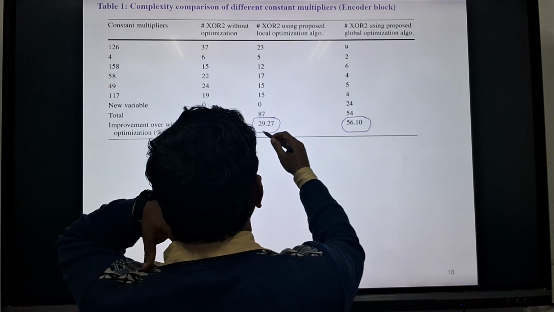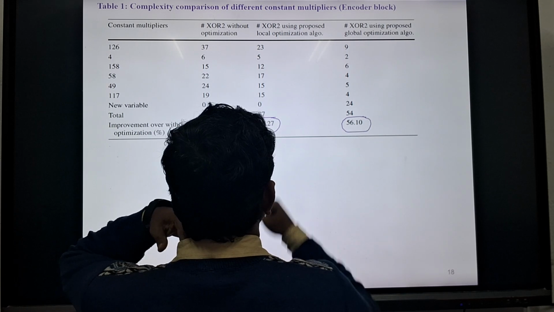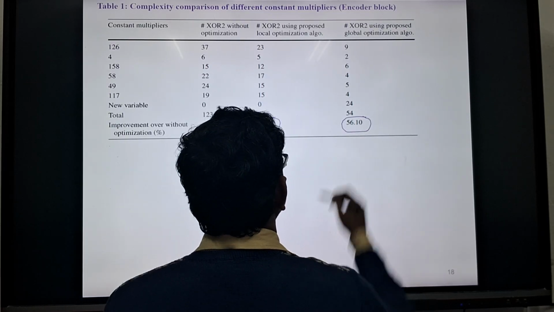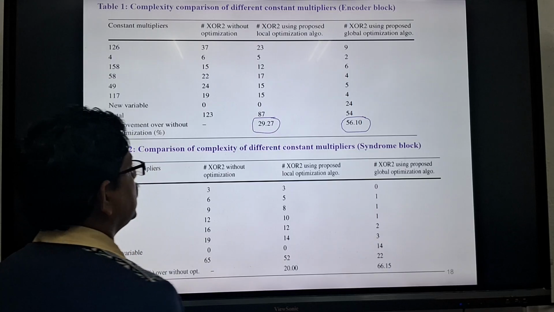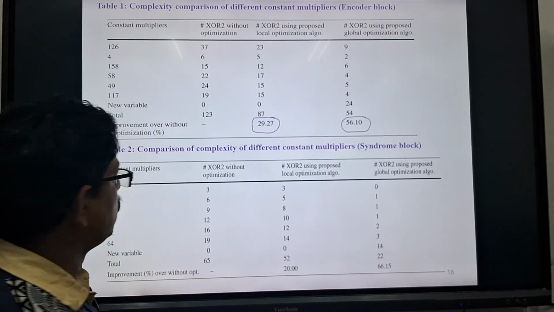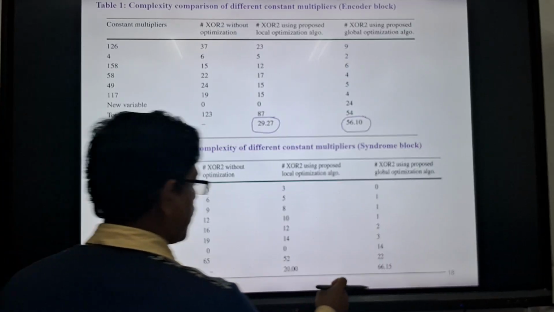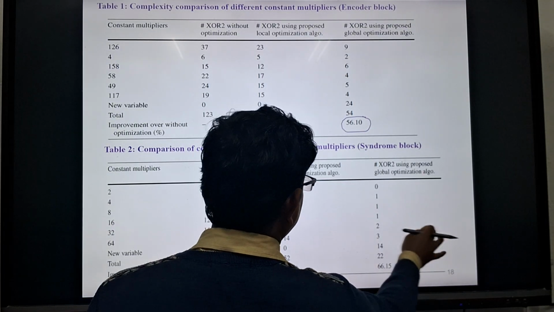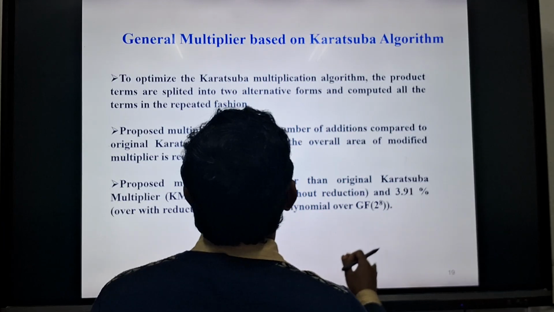So the overall improvement is 29.27% with local optimization, and with global optimization it is 56.10%. And for comparison of different syndrome blocks, you see it is also reducing up to 20% and a maximum of 66.15% improvement we are getting.